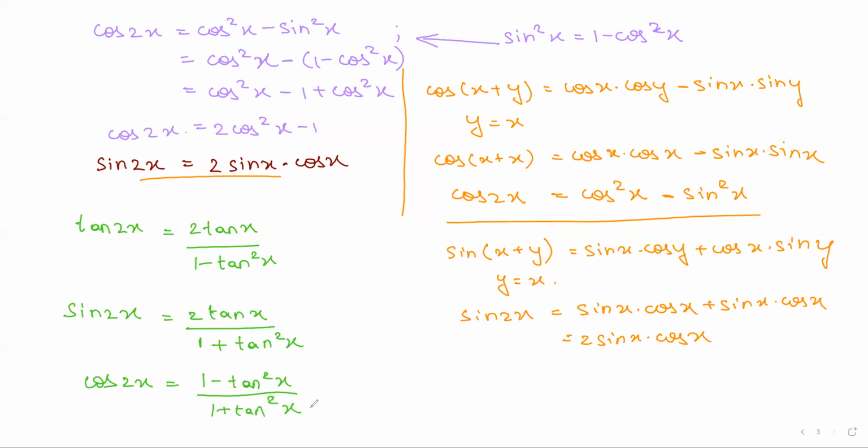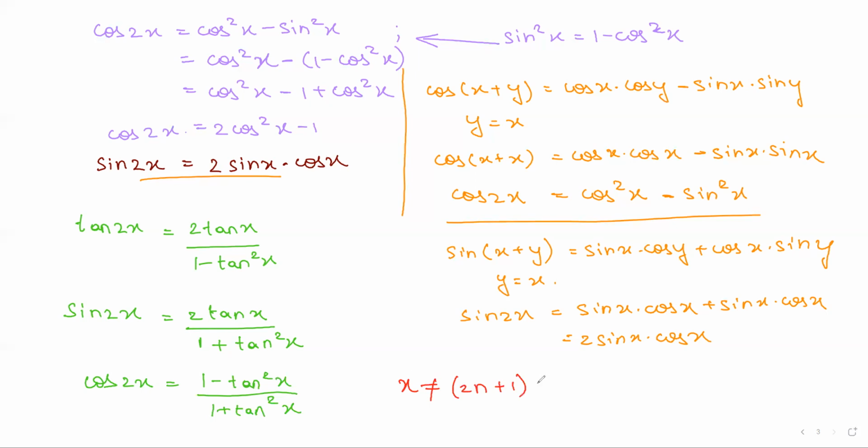There are some conditions as well in these double angle formulas. In all the formulas, cos 2x, sin 2x, tan 2x, your x should never be equal to an odd integral multiple of pi by 2.